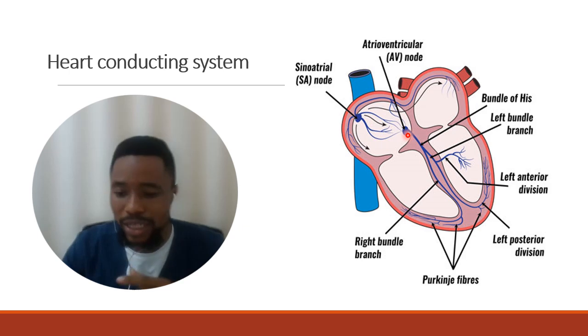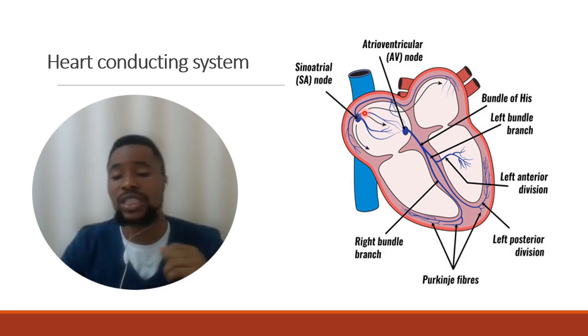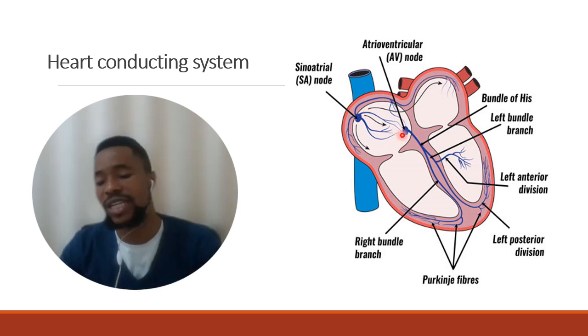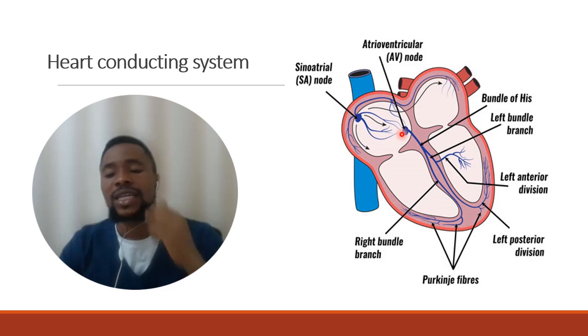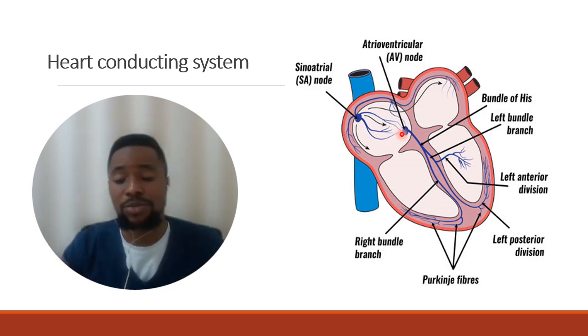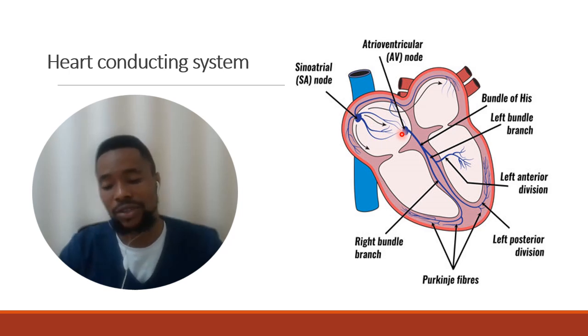Now one amazing thing about the AV node is that when the SA node is weak, the AV node can take over the responsibility of the pacemaker. The SA node is the natural pacemaker, but the AV node can take up the responsibility to pace rhythm as well. Now when it paces rhythm, as I've said, it's called junctional rhythm. The heart rate it can pace comfortably is between 40 to 60, which might not be enough for the patient's demand, muscles' demand, organs' demand, and all.